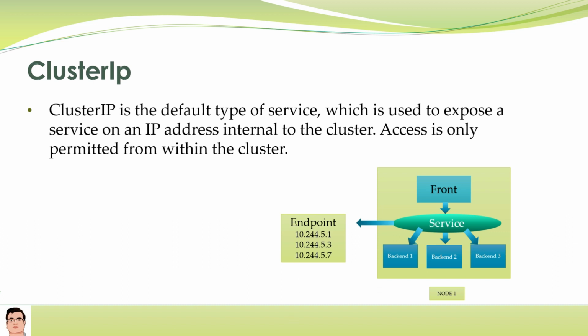You have already seen this architecture. We have the front end pod and the service has the endpoint, which has the 3 IPs, and all these IPs are of the backend. The node also has an IP, but you cannot use the node to access it, because it is only accessible from within the cluster.